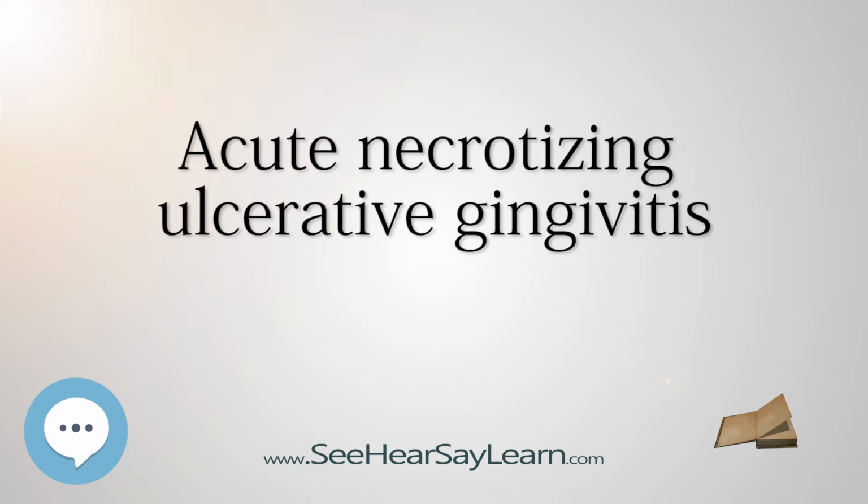The causative organisms are mostly anaerobic bacteria, particularly Fusobacteria, and spirochete species. Predisposing factors include poor oral hygiene, smoking, malnutrition, psychological stress, and immunosuppression, suboptimal functioning of the immune system.